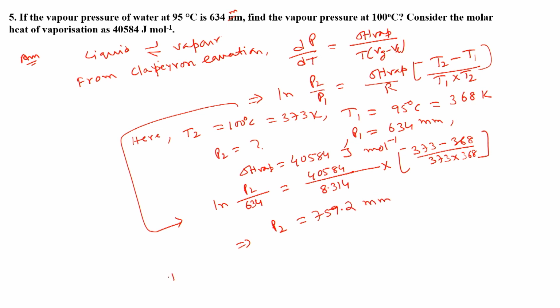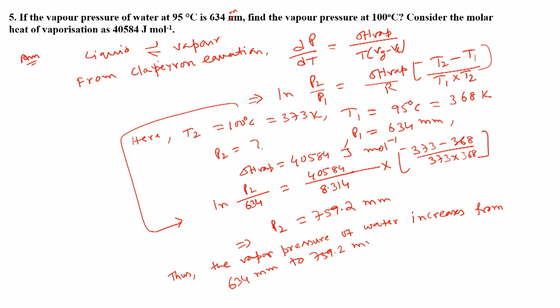Thus, the vapor pressure of water increases from 634 millimeter to 759.2 millimeter of Hg when the temperature increases from 95 degrees Celsius to 100 degrees Celsius.